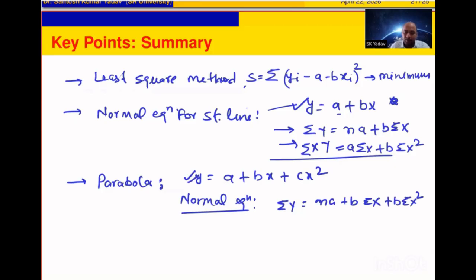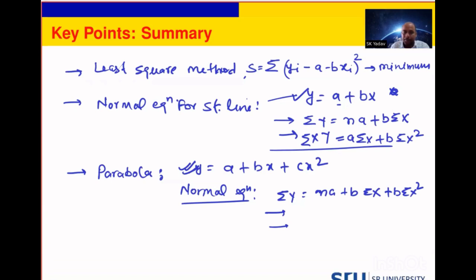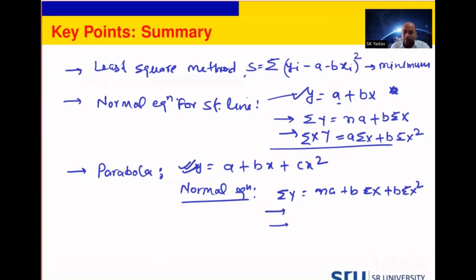Similarly, you can multiply by x on both sides to get the second equation, and multiplying by x square to get the third equation. So the task will be to solve for a, b and c.